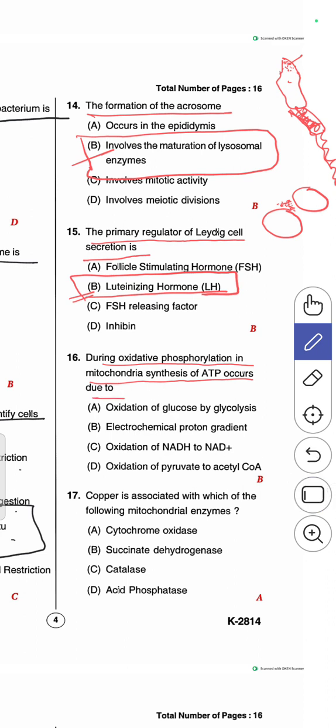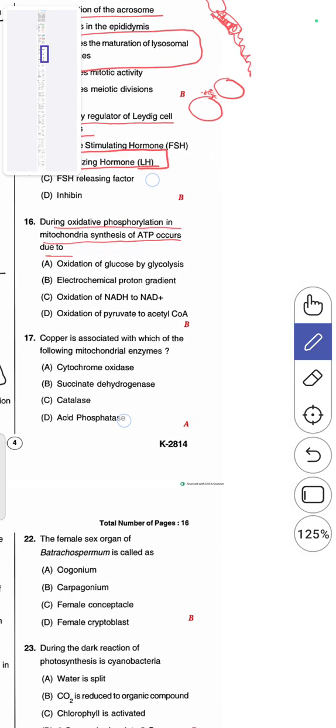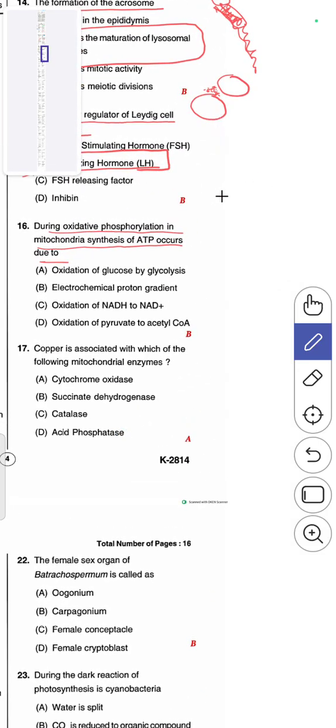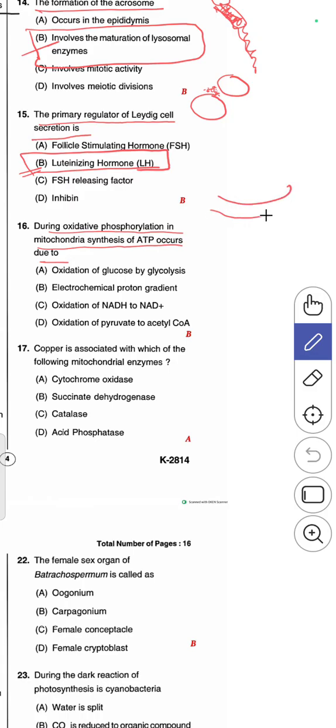In oxidative phosphorylation, consider this as a mitochondria, and these are the complexes which we observe in the electron transport chain.